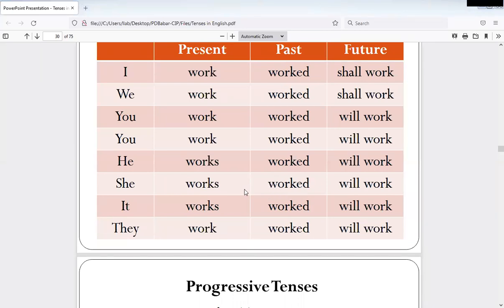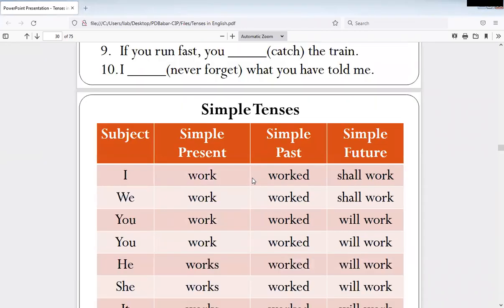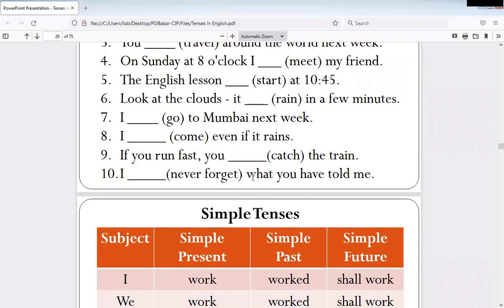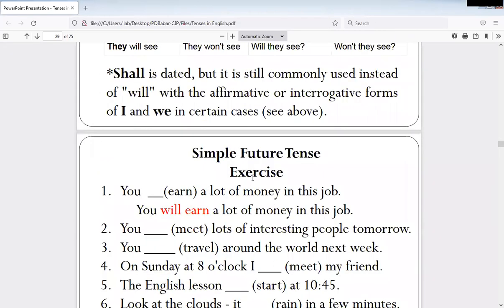Yes, we are discussing the tenses. We have seen the different types of tenses, that is present tense, past tense, and future tense. So there are three main types of tenses.